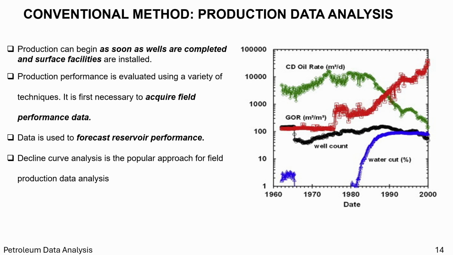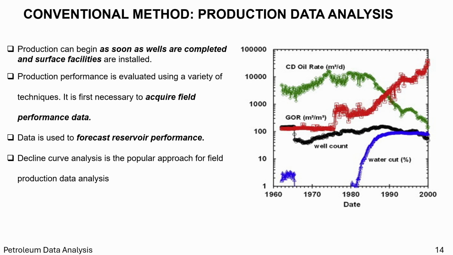This is an important engineering idea. Once a field starts producing, the field itself becomes a source of feedback. The reservoir is now telling us whether our original expectations were correct. If actual production differs from forecast, engineers must ask why.